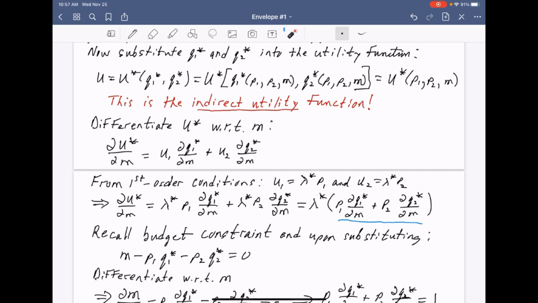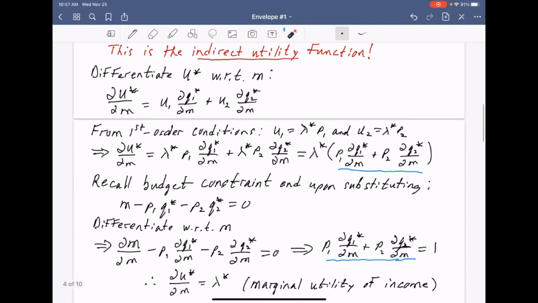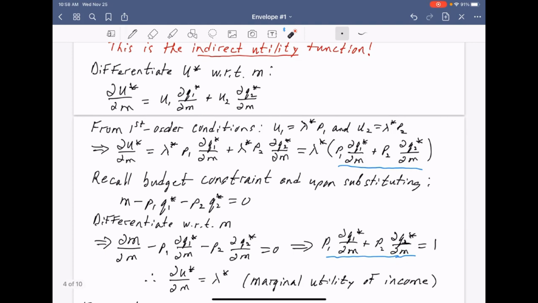And that expression says that the marginal utility of good 1 multiplied by the partial of the ordinary demand function with respect to income, plus the marginal utility of 2 times the partial derivative of the ordinary demand function for 2 with respect to income. So that's what the partial of the utility function with respect to income works out to be.